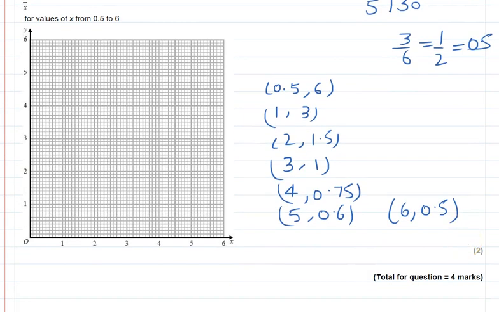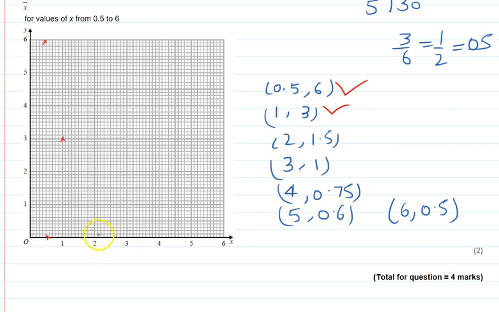So x is 0.5 and y is 6. 0.5 will be somewhere here, and this is done. 1 and 3, this is 1 and 3.